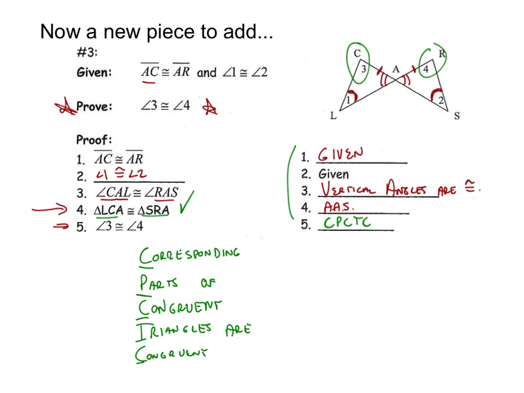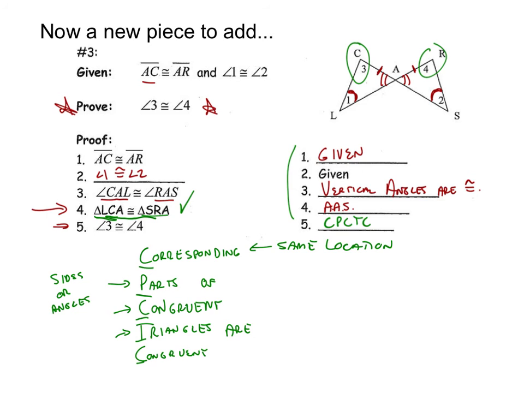It says corresponding parts, so parts in the same location. We've done some corresponding stuff towards the beginning of this unit. Parts means either sides or angles of congruent triangles. We've shown that the triangles are congruent.